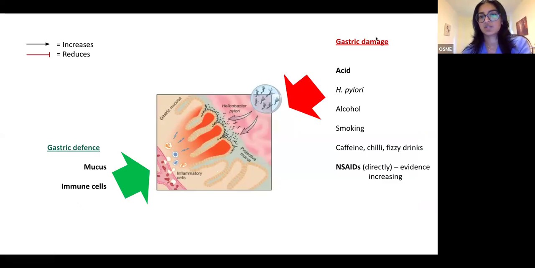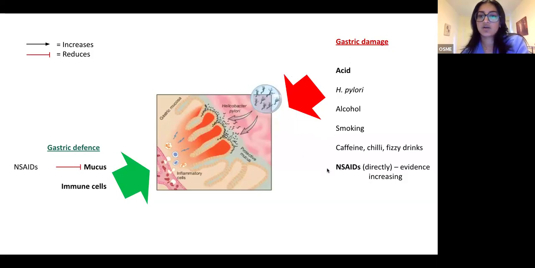And factors that cause gastric damage oppose this, and this includes stomach acid, which might be overproduced in certain people, H. pylori, alcohol, smoking, caffeine, the usual offenders, and also NSAIDs. So these are important lifestyle factors you'd want to consider asking about in a history from someone that presents with epigastric pain that's worsened by eating.